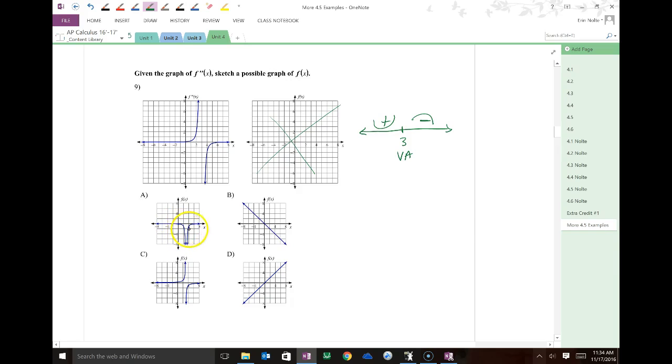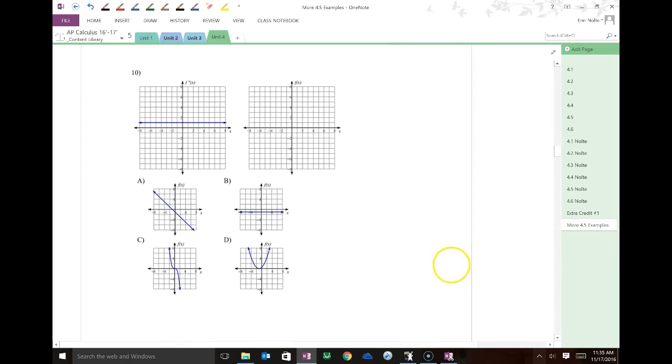No, that's a sad face. This linear piece has no concavity, so I know that it can't be B or D because it's linear. That doesn't make sense. So would C make sense? Do I have a happy face to the left of 3 and a sad face to the right of 3? That one would work. So C would be your option for number 9.